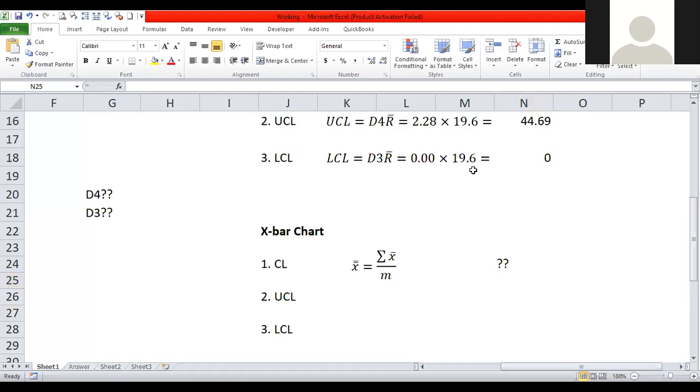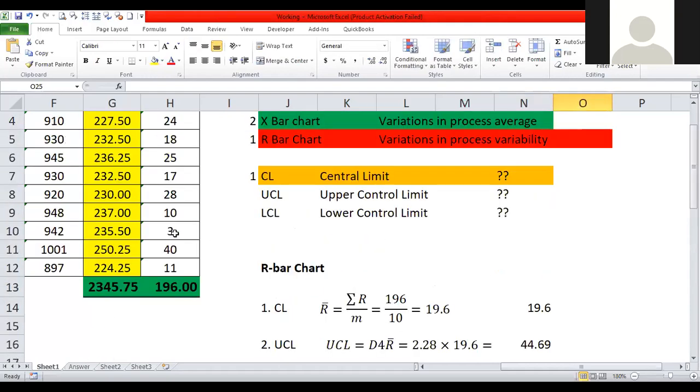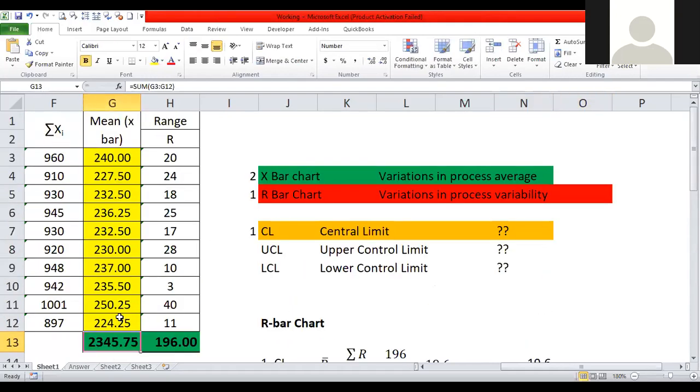Yes, your answers are correct. So what is the total? The total of X bar is 2345.75.